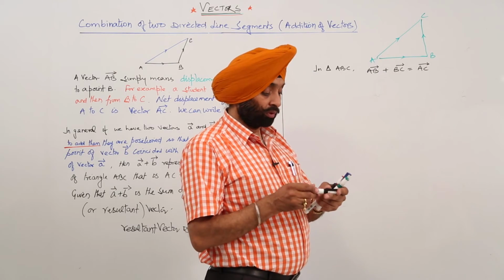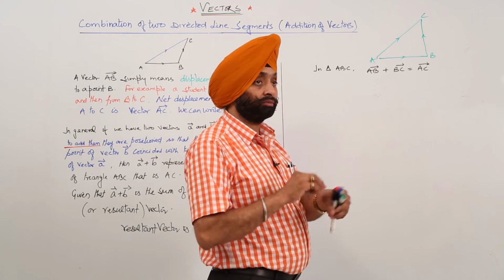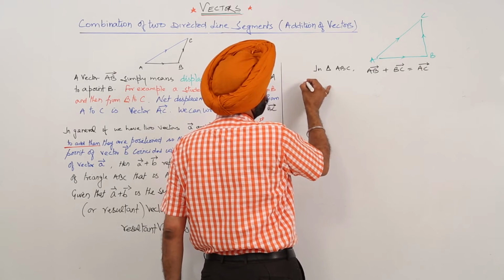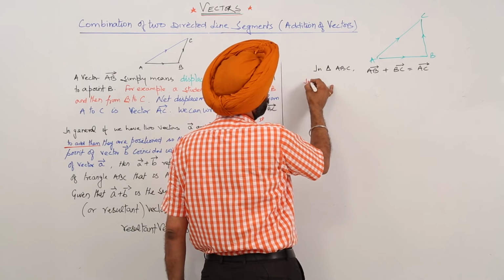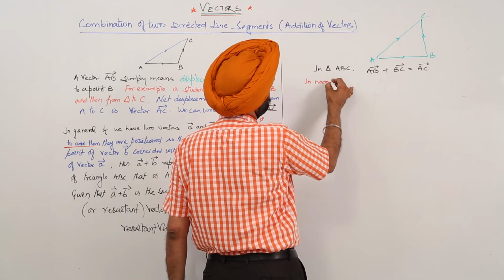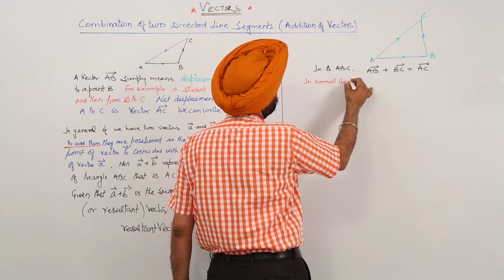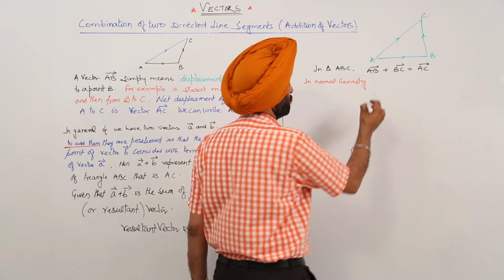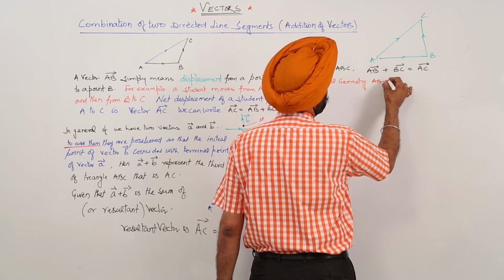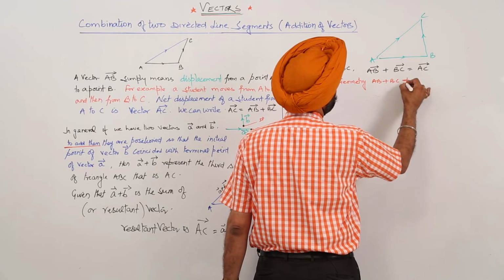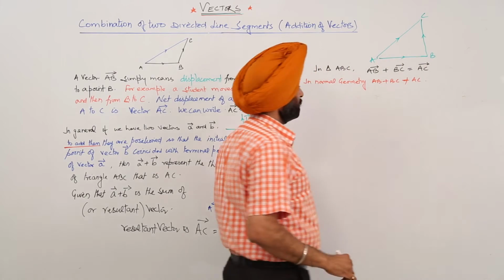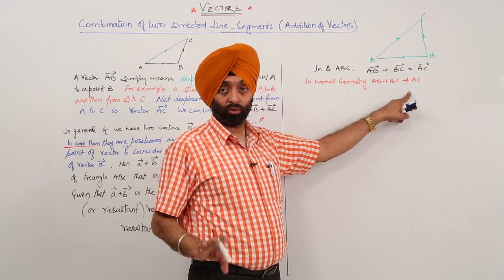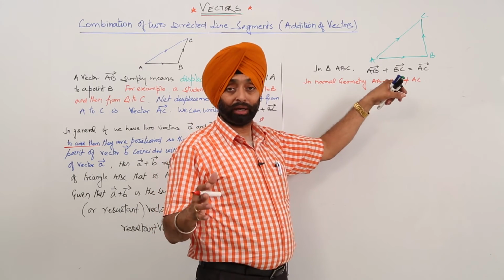Now I am going for the main thing. In normal geometry, AB plus BC cannot be equal to AC. Normally we know AB plus BC is never equal to AC. If it is equal to AC, then we can't form a triangle.